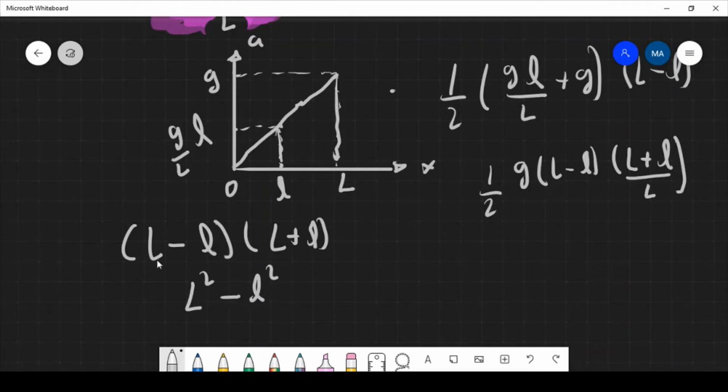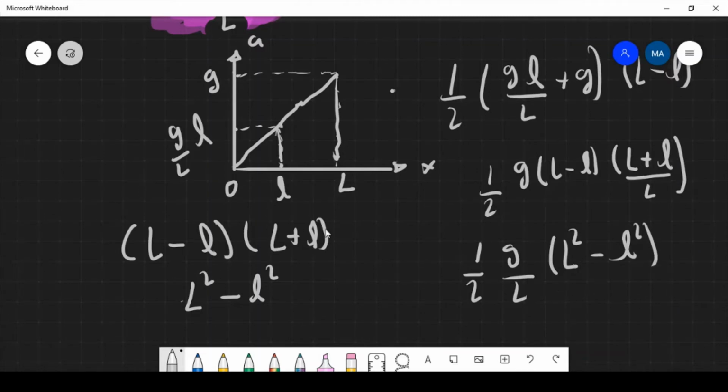It's a formula that is really useful to remember, but as it's not the focus of this subject, if you don't know, just multiply like this and you will get this. So minus g divided by L multiplied by L squared minus small l squared.